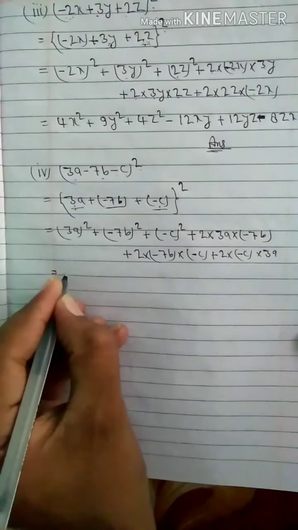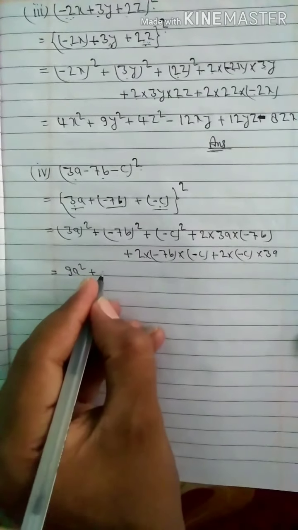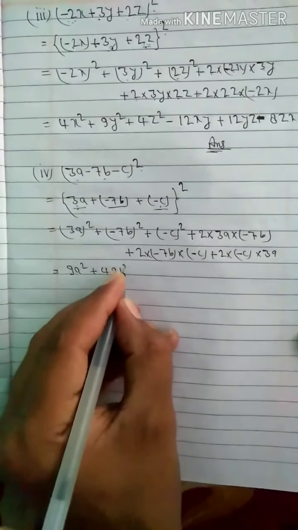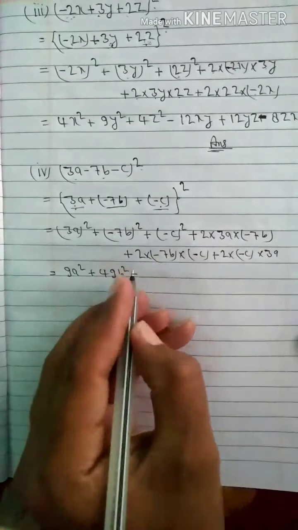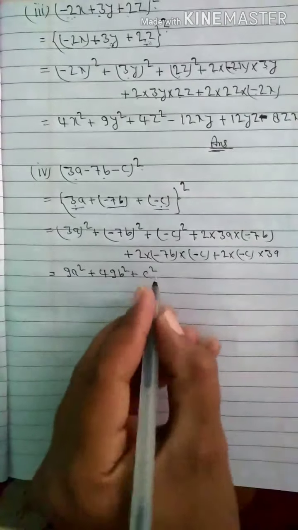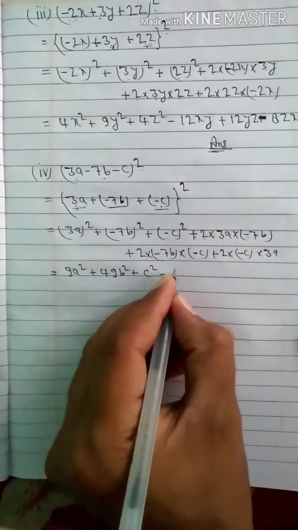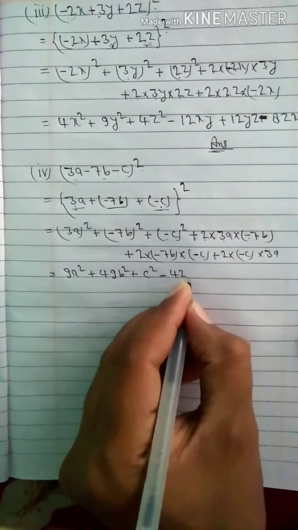So (3a) whole to the power 2 is 9a square, (−7b) whole square is 49b square, (−c) whole to the power 2 plus c square, and now see here, plus minus, 2 3s are 6, 6 7s are 42, so −42ab.